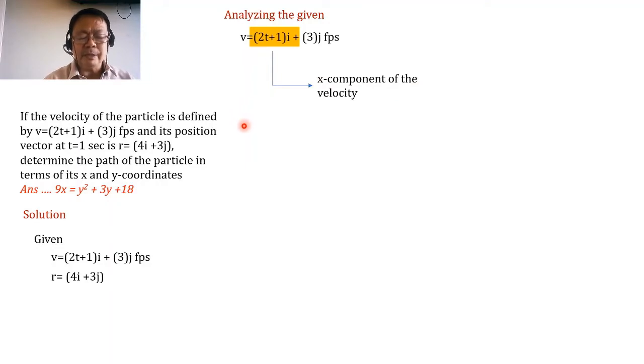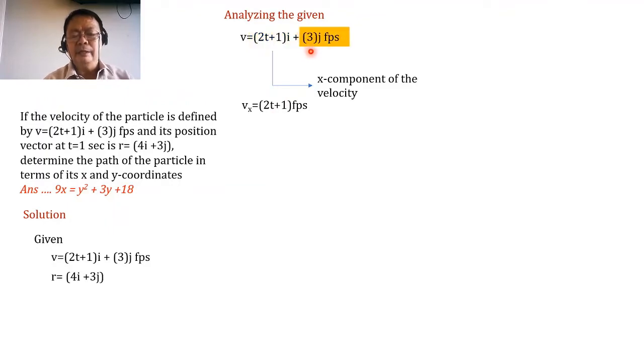Kaya this may be treated to be our v sub x, which is equal to 2t plus 1. That is the velocity expressed in terms of time t. Similarly, this 3 is the y component of the velocity, and this can be written as v sub y equal to 3 feet per second.